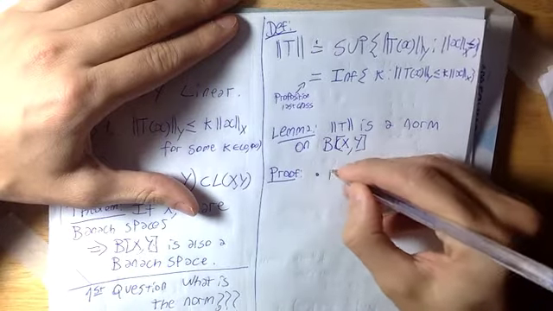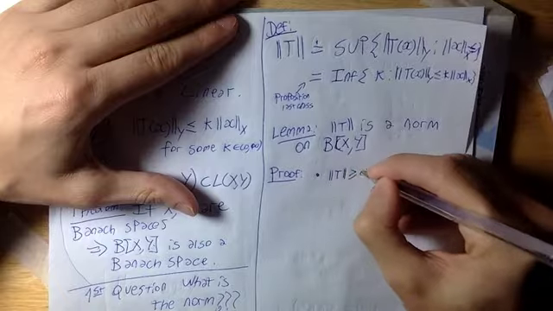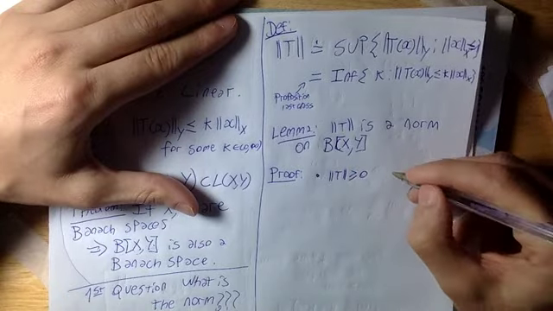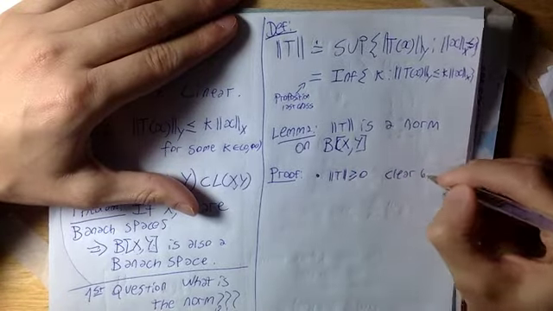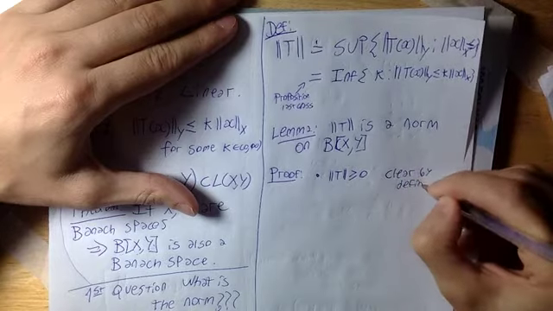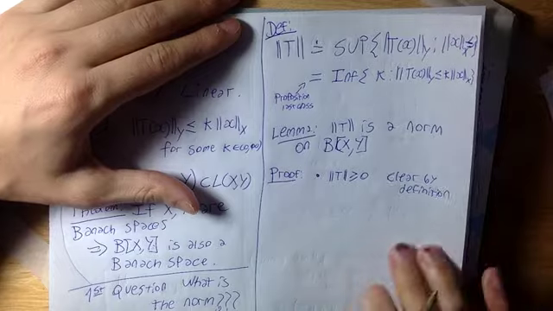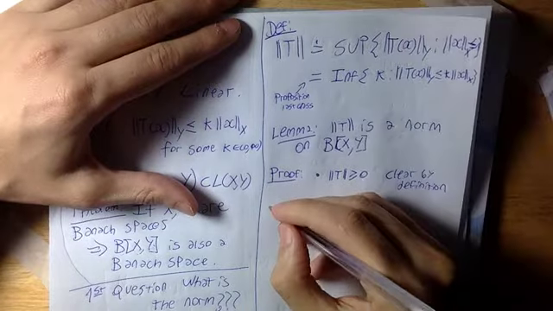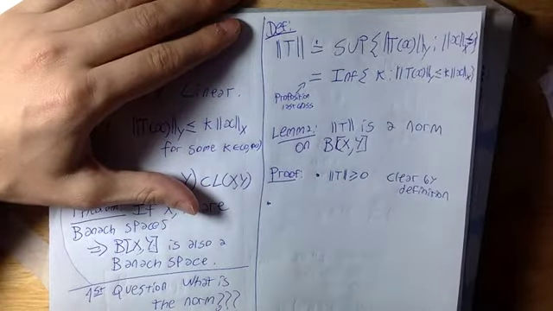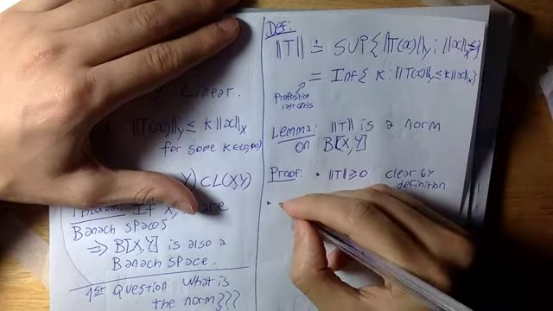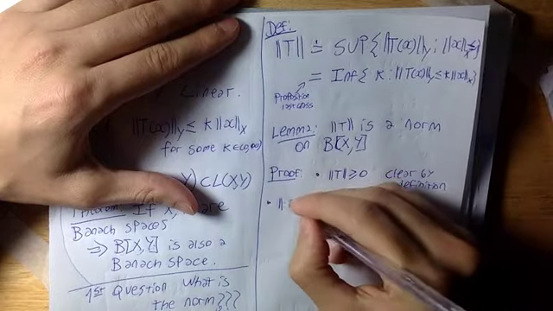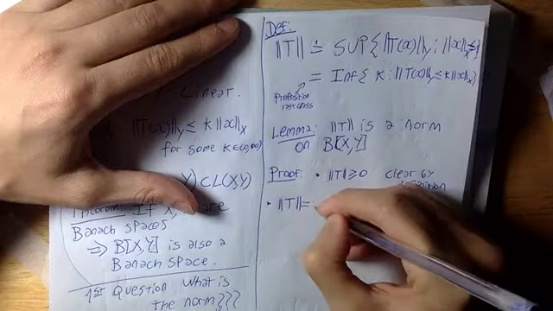The first thing is that the norm of T is positive, and this is clear by definition. So we have positivity, and this is, I would say, a good use of the word trivial.